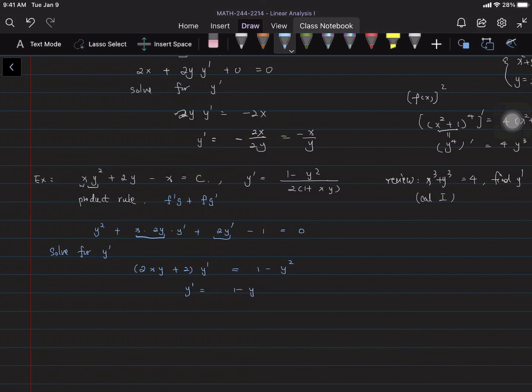So y prime is 1 minus y squared over 2xy plus 2. We can factor 2 out in the denominator: xy plus 1, 1 minus y squared. So exactly the same as the differential equation. So this is a solution to the differential equation.